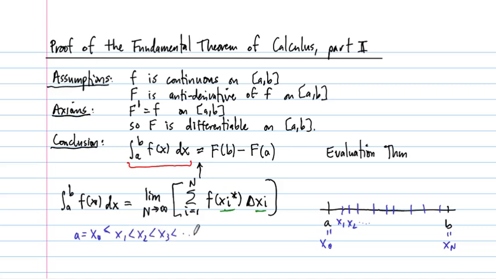Okay, and then finally we have b is the right endpoint of this interval. Okay, so this is what it means to be a definite integral. It's a Riemann sum. And so what we're going to do next is, the key here is that once we've chosen a partition, we choose this partition.